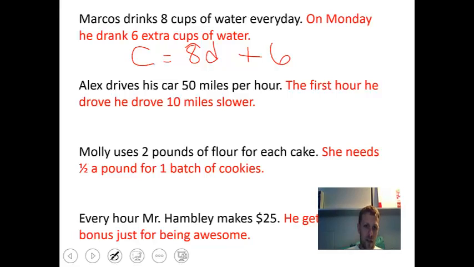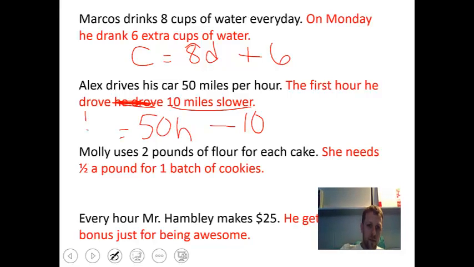Second one, Alex drives his car 50 miles per hour. The first hour he drove 10 miles slower. So I know that 10 miles slower means he's already starting off with a negative 10. But he still is driving 50 miles per hour. And we're talking about distance.